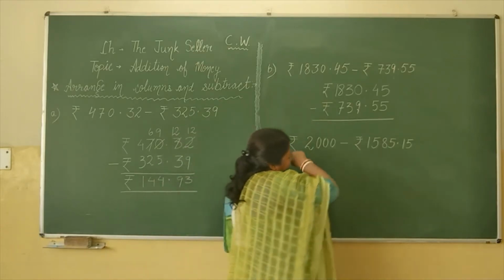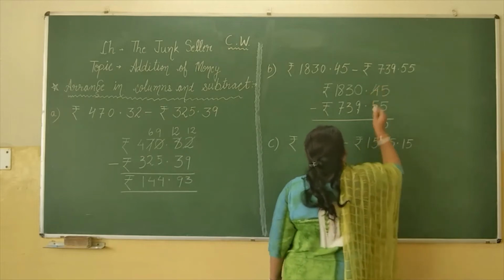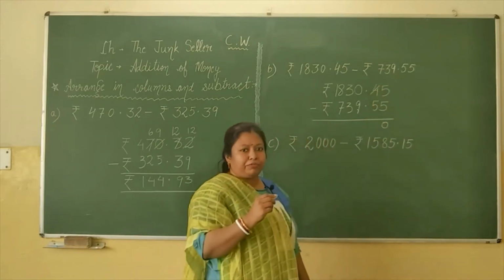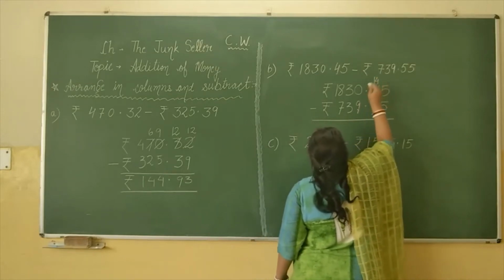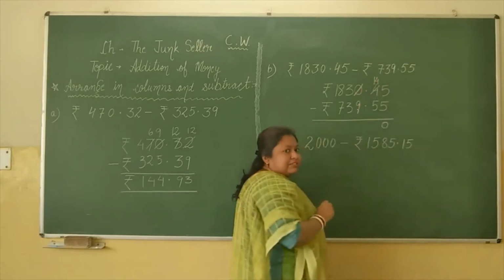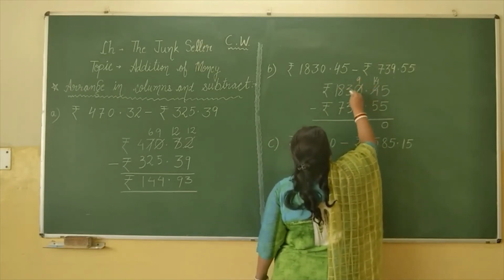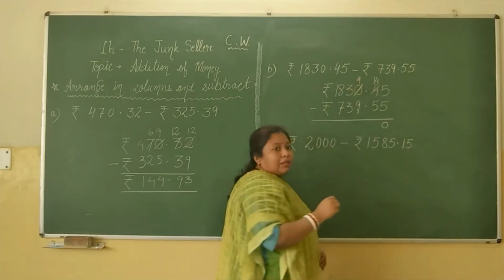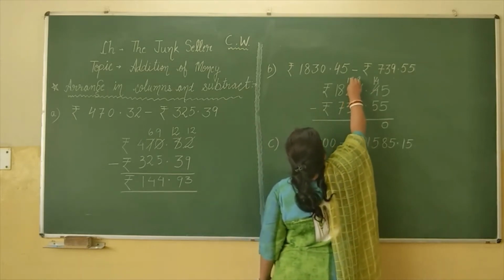Now we start our subtraction. 5 minus 5 is 0. Here we can't subtract 5 from 4, so we make this 14. So we have taken a carry from this 0, so this 0 becomes 9. And this 3 becomes 2 because we have borrowed from this 3.